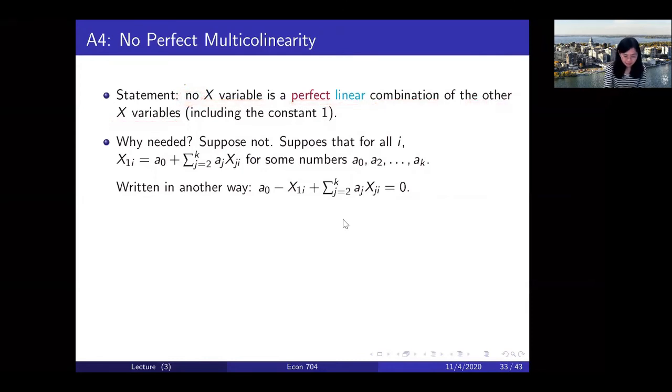Written mathematically, it is that the expected value of the x vector times x vector transpose, which is a matrix, a k by 1 times 1 by k matrix, is invertible.